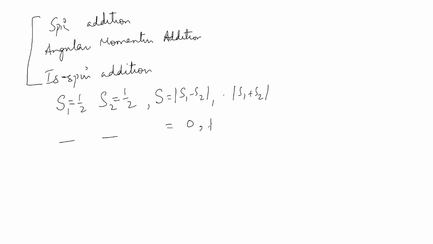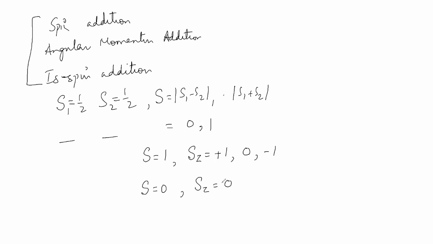Now, my other question will be that if it is S equal to 1, then what will be the possible projection? Then your answer will be, the possible projection will be plus 1, 0 or minus 1. And if it is 0, then you will say that, sir, the total projection can only be Sz equal to 0.